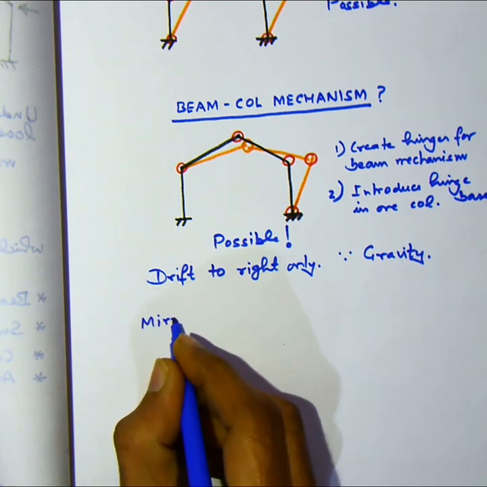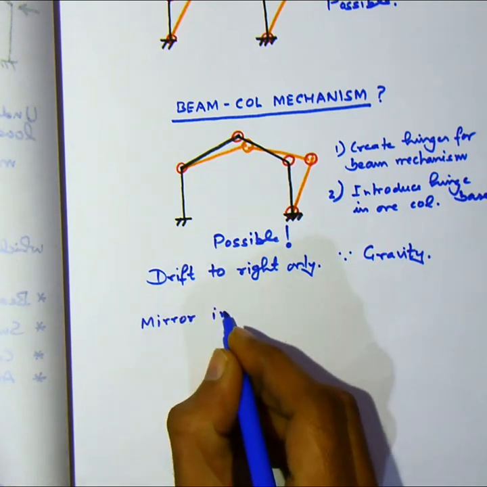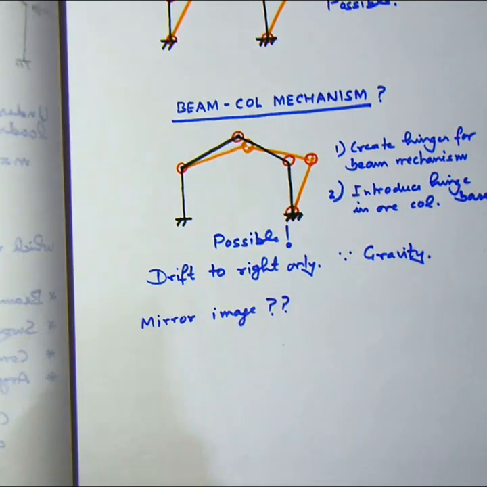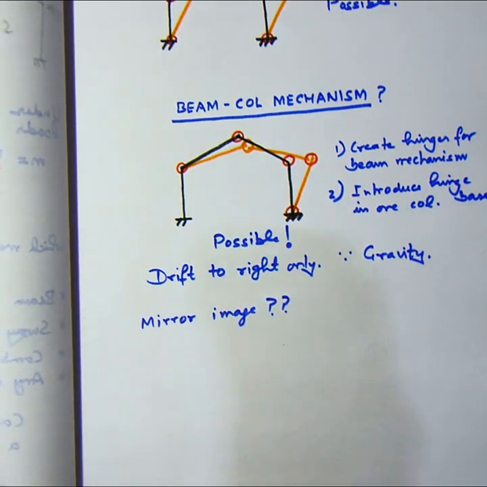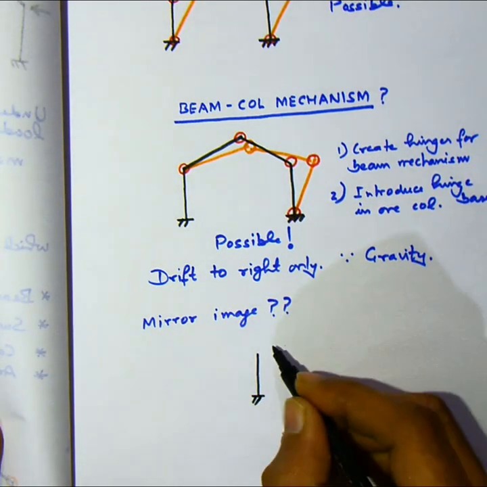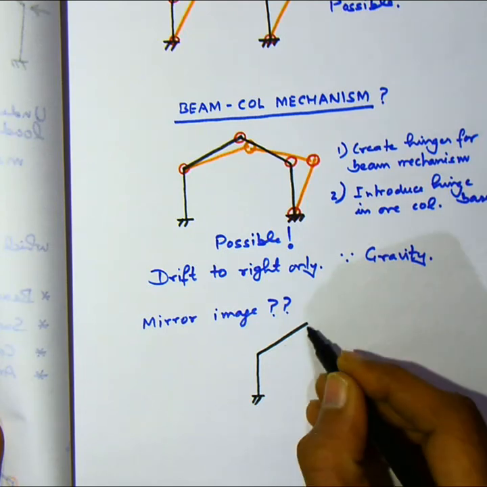Similarly, we can draw its mirror image also. Here we had created a hinge in the bottom joint of the right column. So let's create a hinge in the left column bottom. So we'll get similar results.